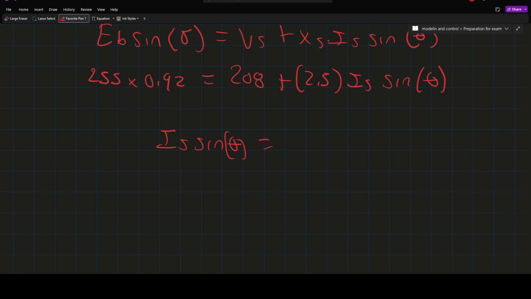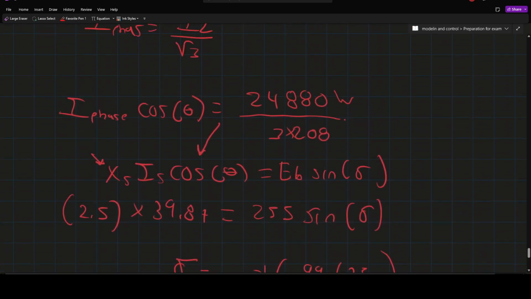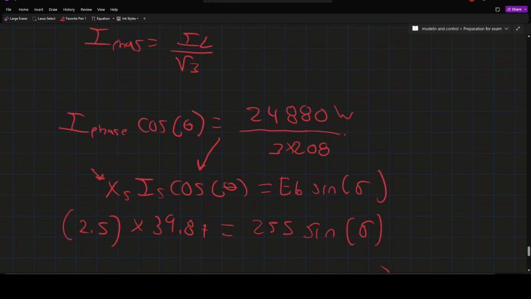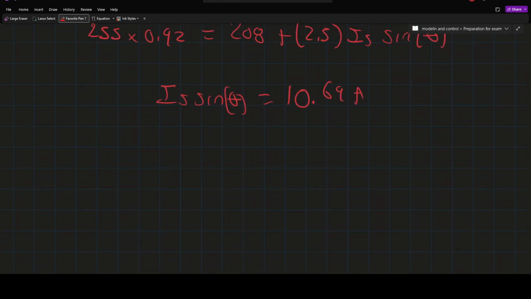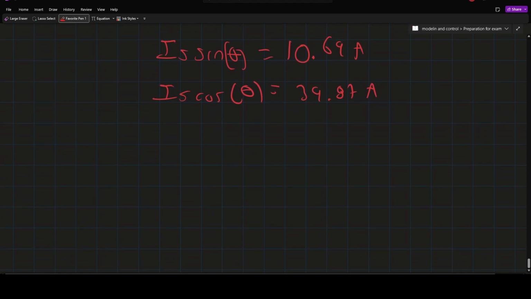Okay, so when we do this, we are going to get that our IS sine of theta is equal to 10.69 amps. And before we figured out that IS cos theta was 39.87 amps. So now that we have these two, we can figure out the magnitude of IS by squaring these two.